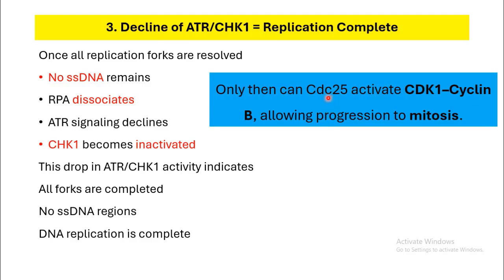Now, CDC25, as I've told you, was inhibited by CHK1. Because the CHK1 has been inactivated, the CDC25 will now be active. The active CDC25 is going to activate the CDK1 cyclin B complex. And when the CDK1 cyclin B complex is activated, that would mean you can now progress into the M phase of the cell cycle.